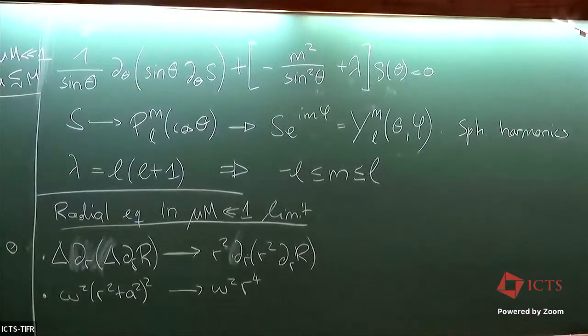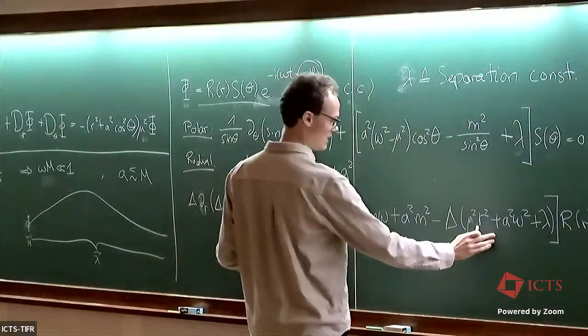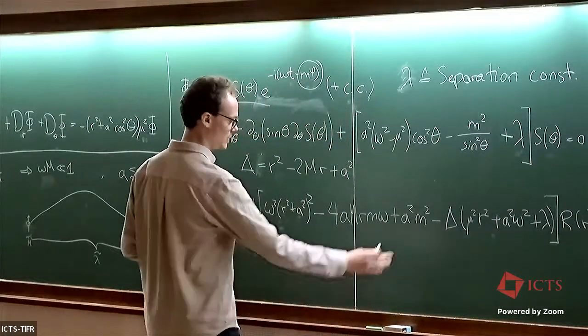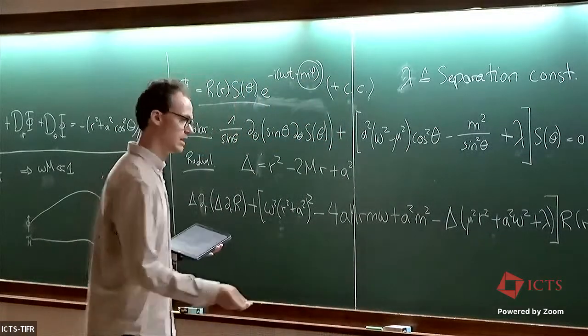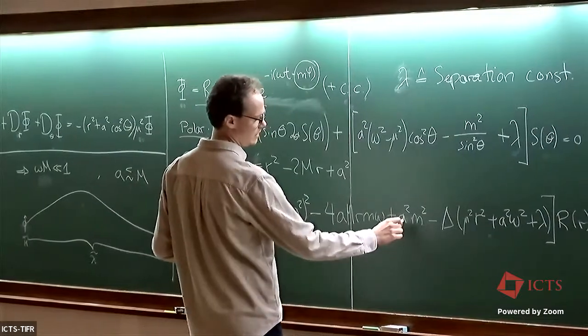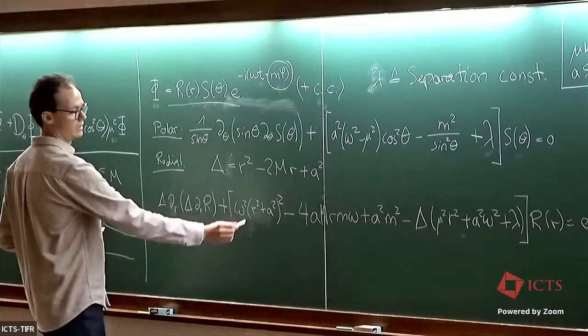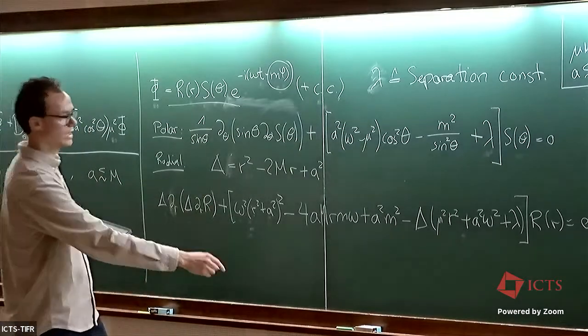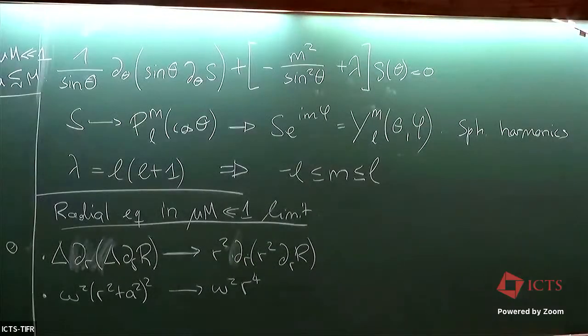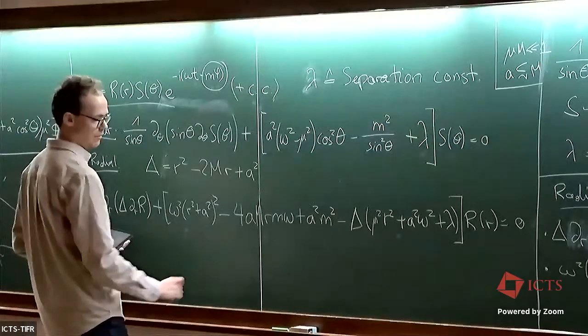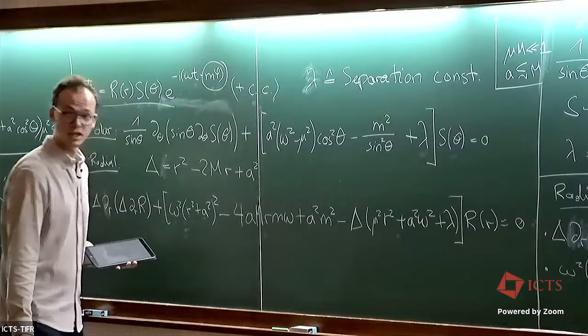Okay, so let's see. Let me skip the next two terms and then move to the last term. And then you will see that those two are subdominant. I mean, here you can already see that this a squared m squared will be subdominant, because of course you have a thing that scales as r to the 4 here, and this is a constant, so that's negligible. And same with this thing, it scales linearly in r, and is also suppressed by an m times omega.